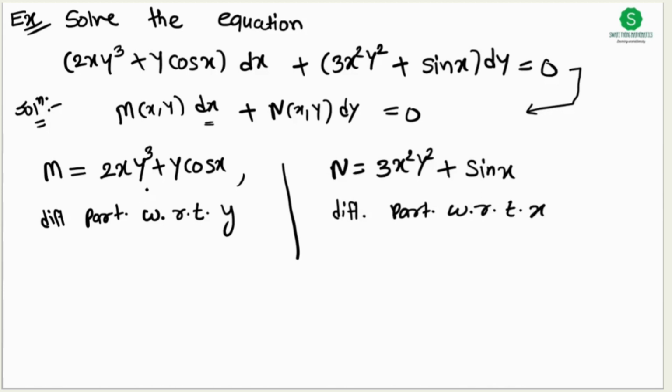When we are differentiating partially, we have to keep the remaining variable as a constant. Here we are differentiating with respect to y, so we keep x as a constant.